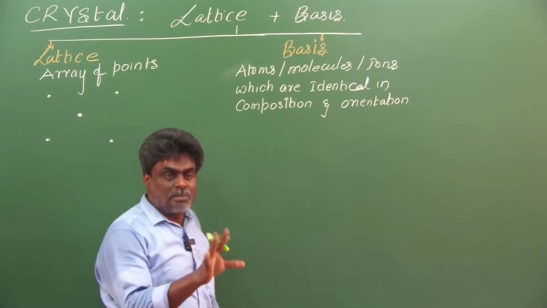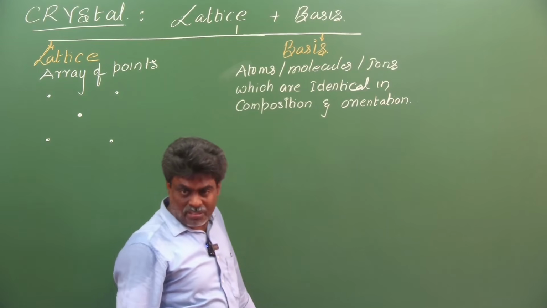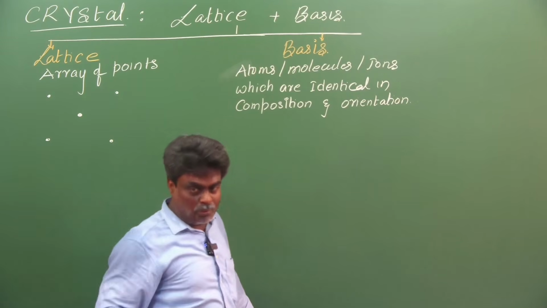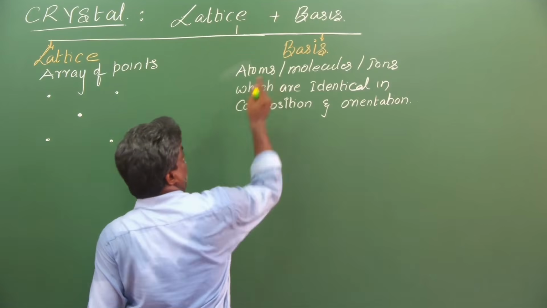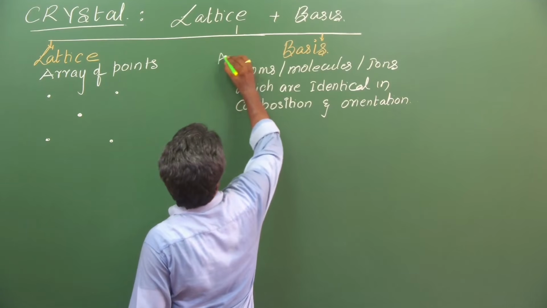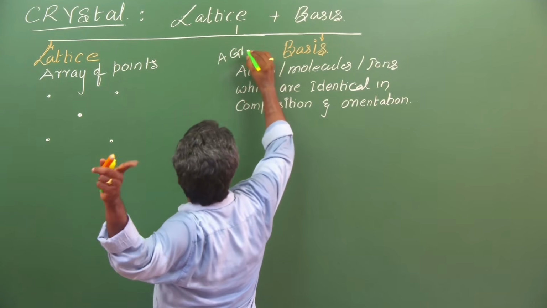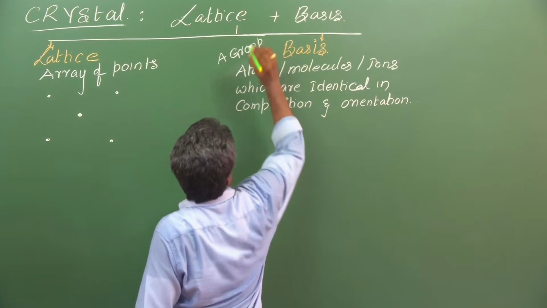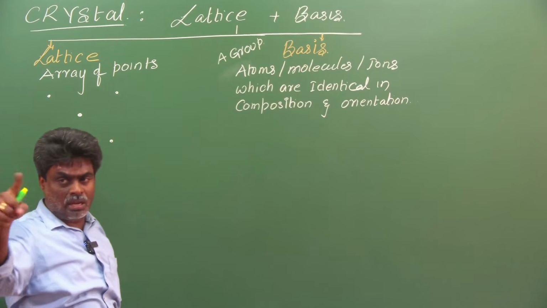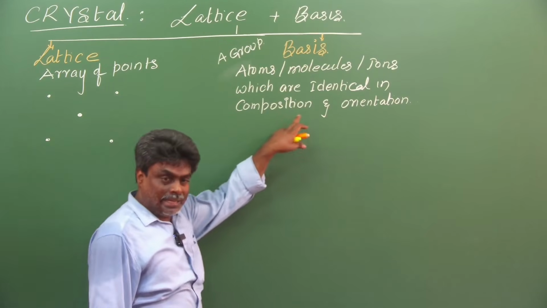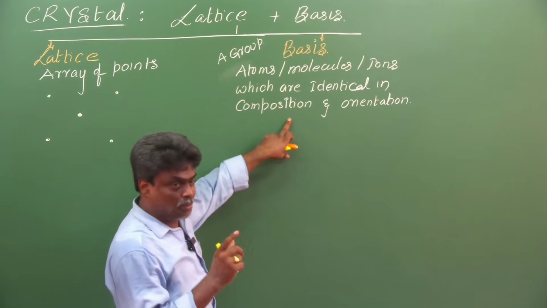So, they should be similar in some properties. We should not simply take whatever you want, understand, that only is called basis. We can say this is a group of atoms or molecules or ions which are identical in composition or orientation.